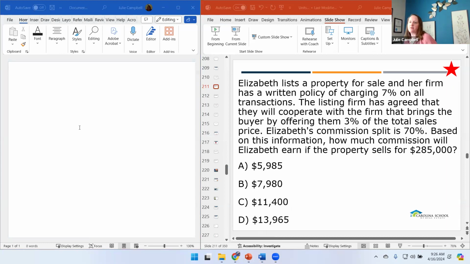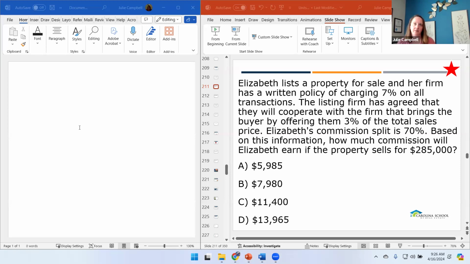Elizabeth lists a property for sale and her firm has a written policy of charging 7% on all transactions. Listing firm has agreed they will cooperate with a firm that brings a buyer by offering them 3% of the total sales price. Elizabeth's commission split is 70%. Based on this information, how much commission will Elizabeth earn if she sells the property for $285,000?